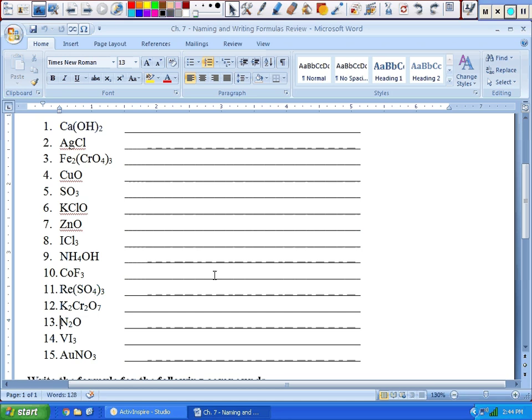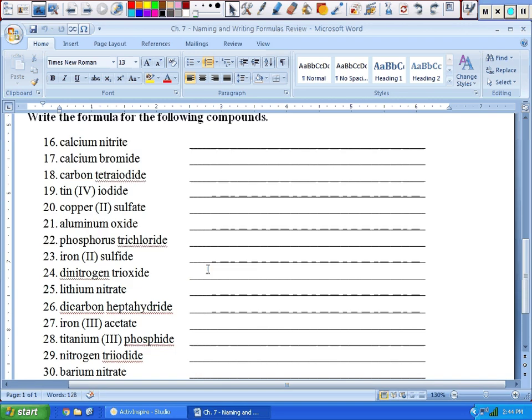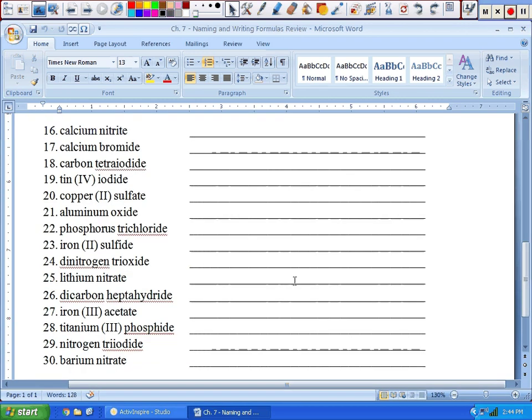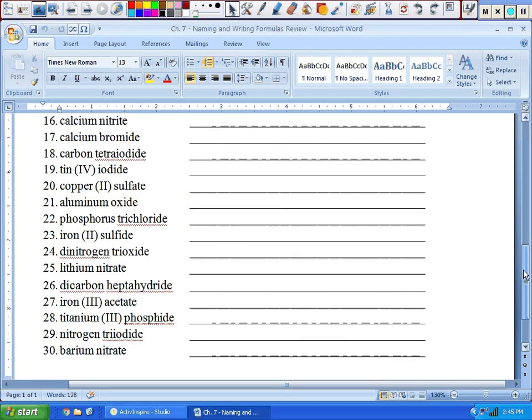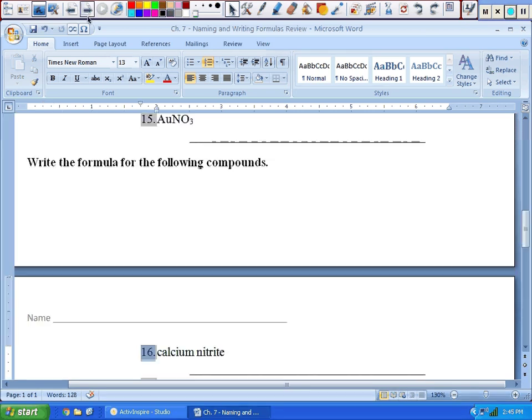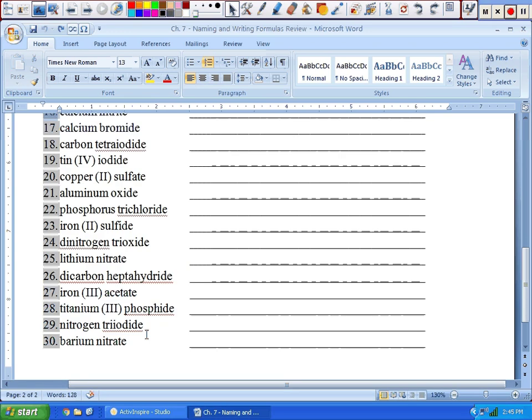So here's what we're going to do today. Tomorrow when you take your test, let me give you a piece of advice. I always used to say this like a little mnemonic device because this is how I always did it, and it always worked for me. To myself, I always said, pray for prefixes. And I'm only talking about the name to formula.